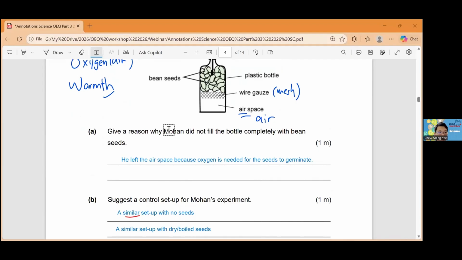AJ, let me see. What's your question, AJ? I'm in the control setup, and when I wrote the sentence, it marked me wrong and said I did not write comparison. Okay, AJ. So you're talking about the comparison in the template, right? Okay, so you follow what your teacher has advised. If you need to say to compare, then write that if that is safer.